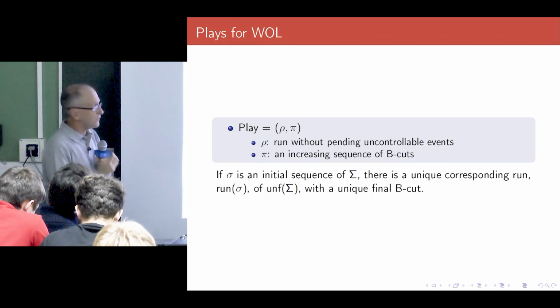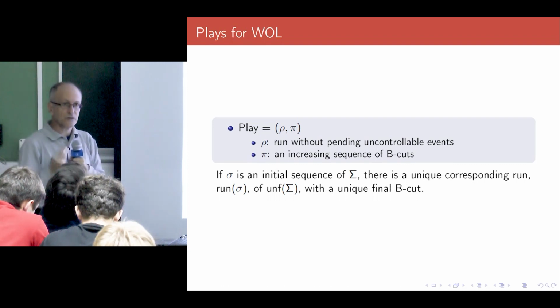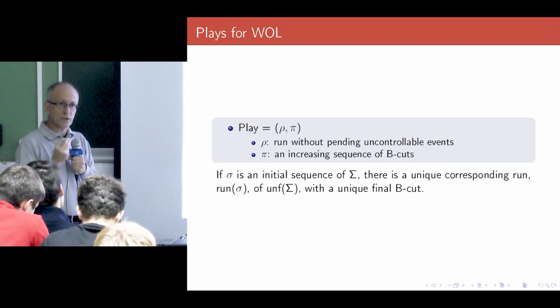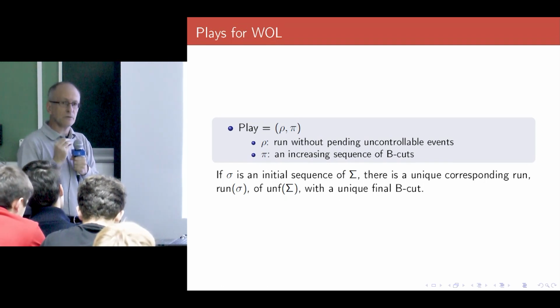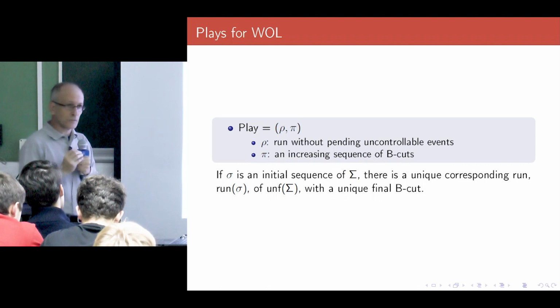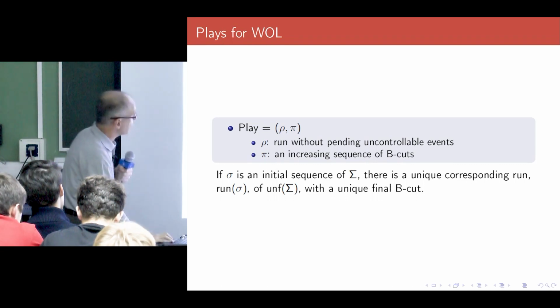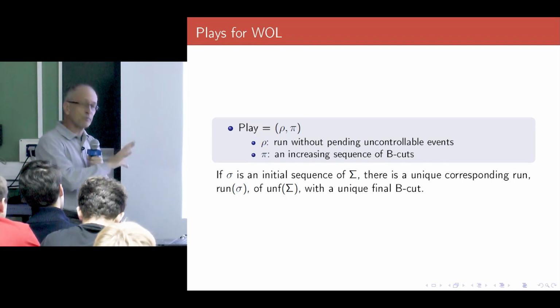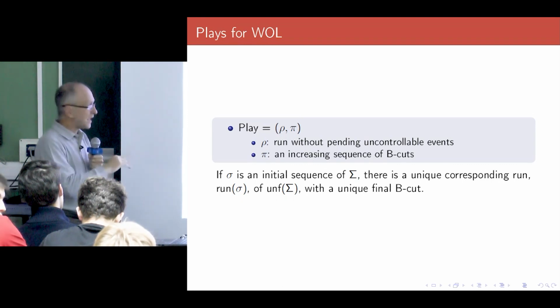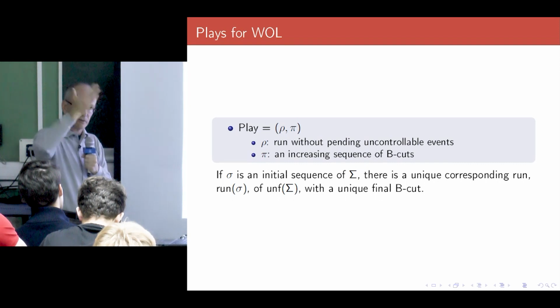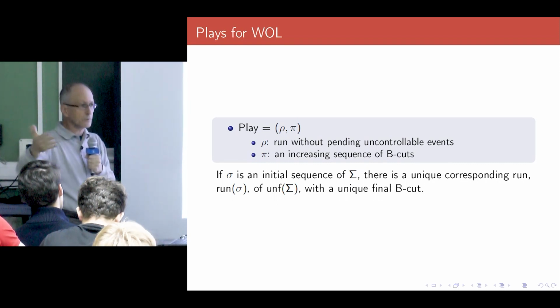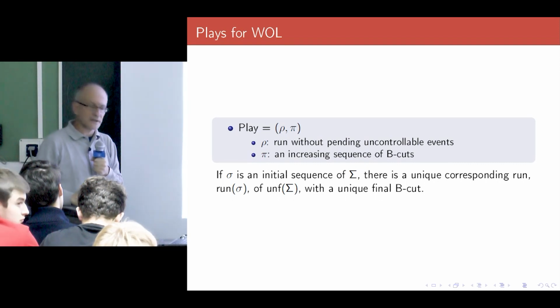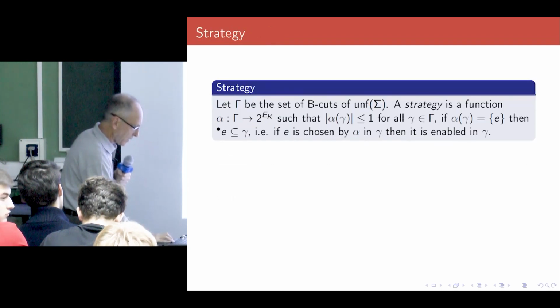And here, the hypothesis of total observability helps us because it simplifies a lot the search for a strategy. We can define a strategy not as a map from the observable configurations, but from these snapshots to the possible controllable events.